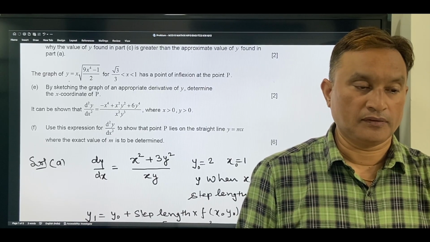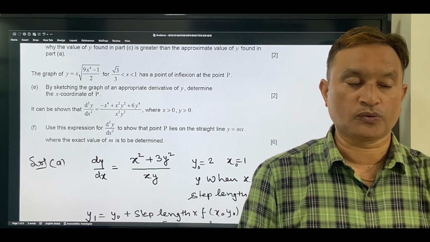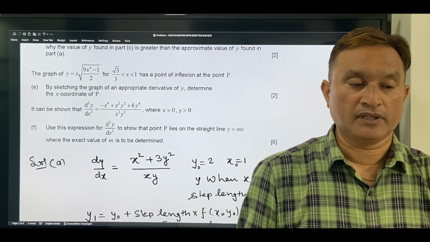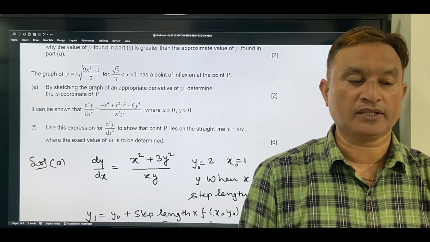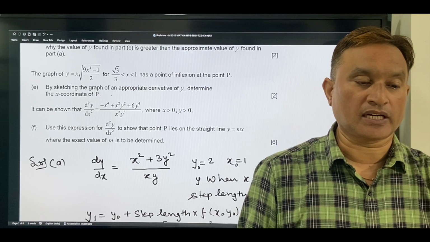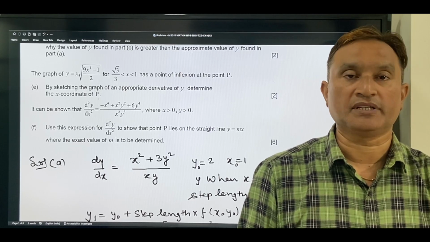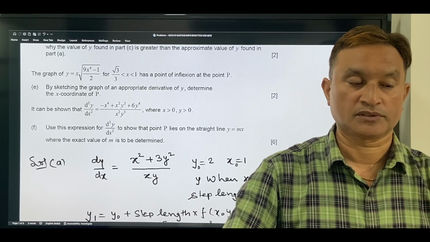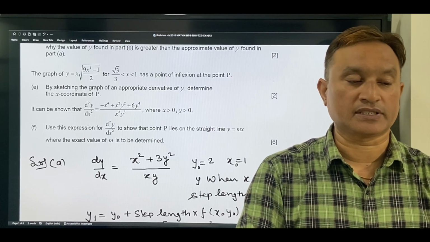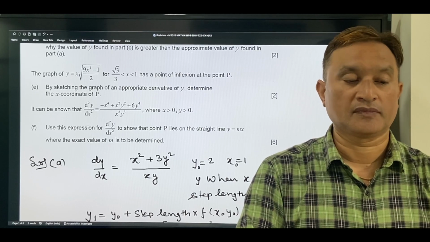The graph of y equals to x root 9x power 4 minus 1 upon 2 for x greater than root 3 upon 3 and less than 1 has a point of inflection at the point P. By sketching the graph of appropriate derivative of y, determine the x coordinate of the P. So now we will use calculator and then we will sketch the graph of the function as well as its derivative and second derivative.